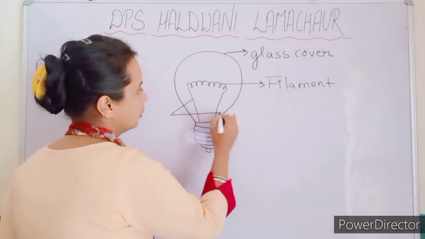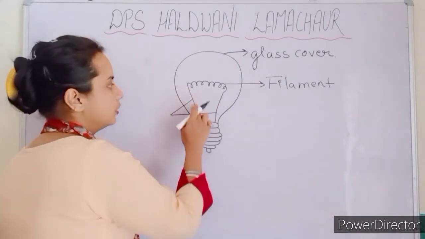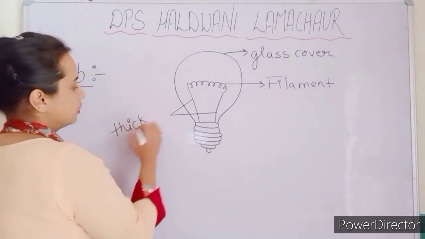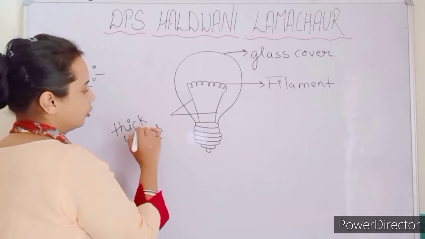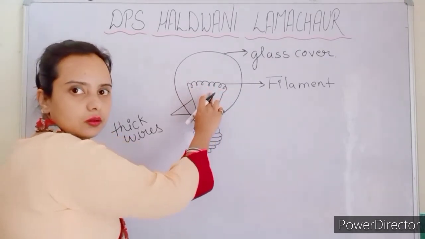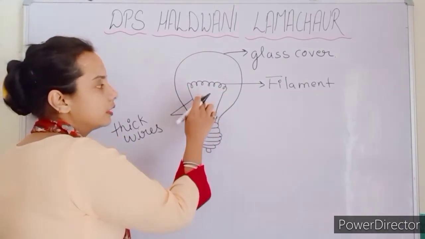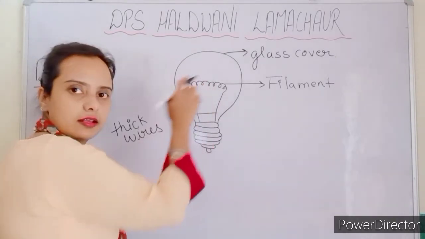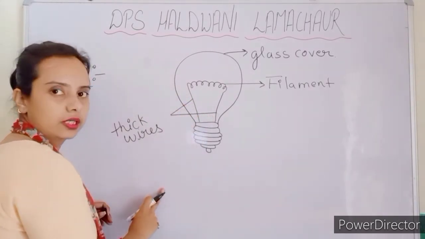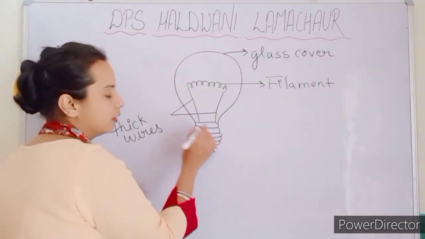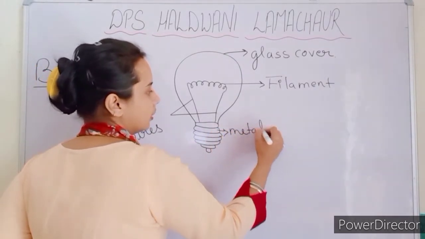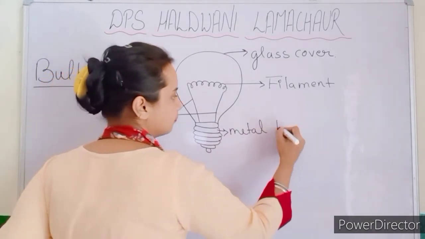And these two are thick wires. Okay, the wires on the side, these are the thick wires which give support to this filament. One end of the wire is connected with this metallic part, or we can say the metal base.